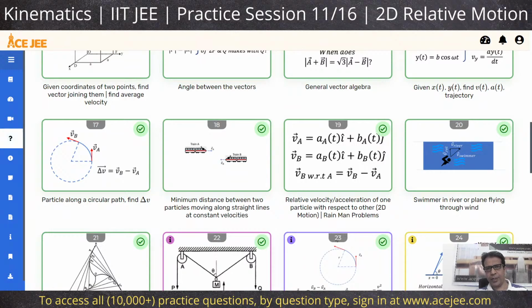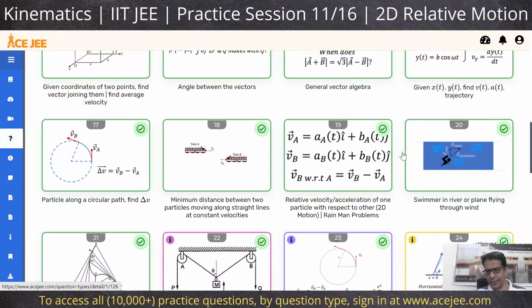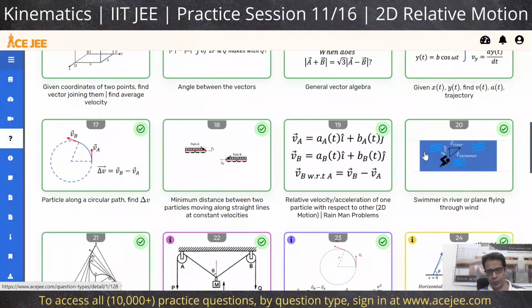So we have quite a bit of ground to cover today. We'll be focusing on two question types, number 19 and number 20, not 22, sorry. Just as a quick recap, in the last few classes we started with relative motion in two dimensions.